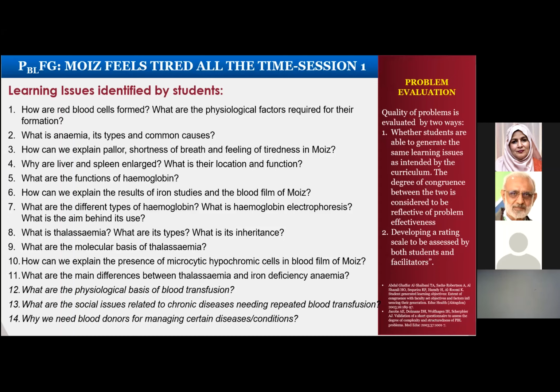They should not take one learning outcome and say, okay, I will read about the red blood cells and the physiological factors required for its formation, and the second student say, I will read about anemia and its types and common causes, not like that. Because these are the basic learning outcomes for each and every student. So each and every student should read about it. Some of those things which are not very peculiar, which are not very pertinent at this stage.